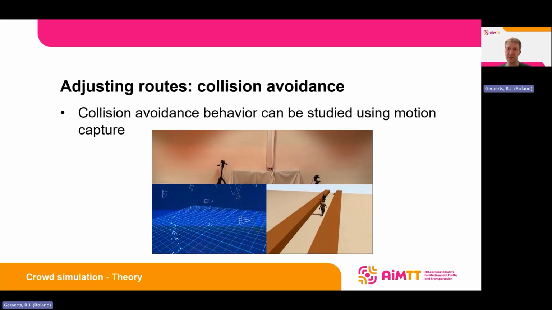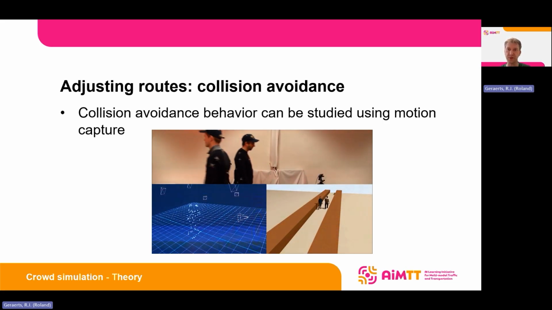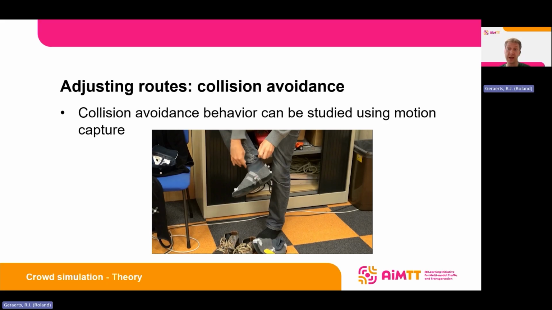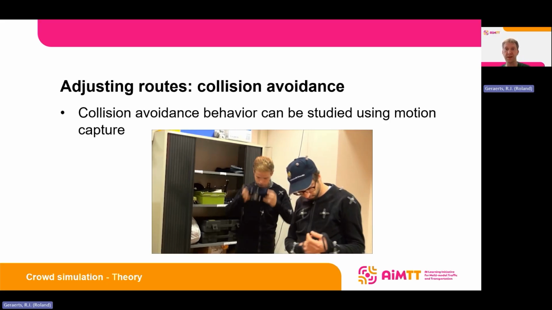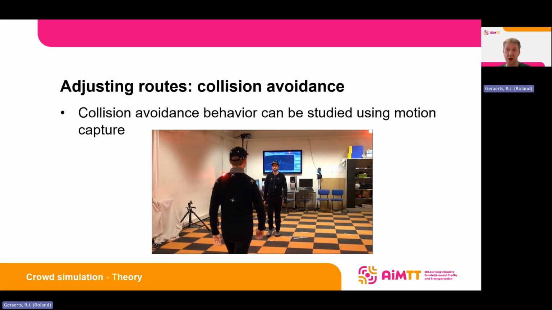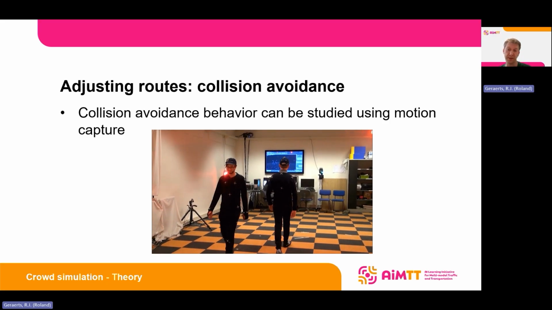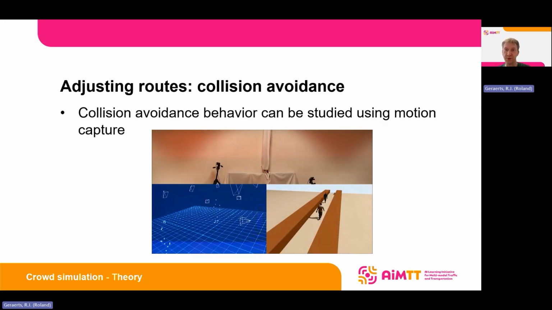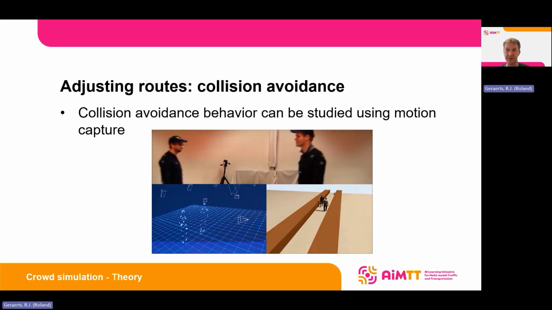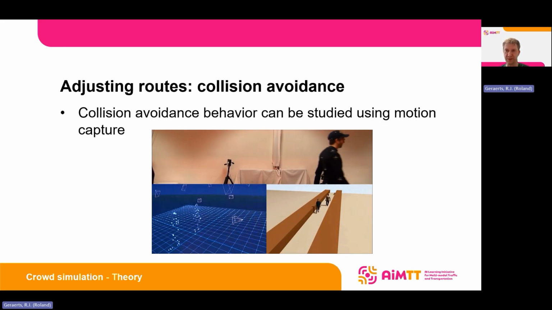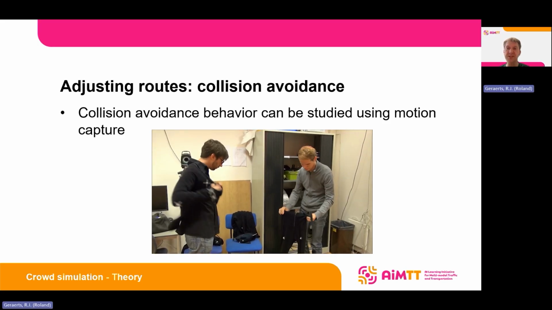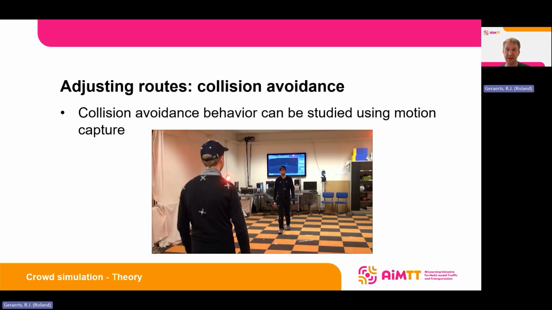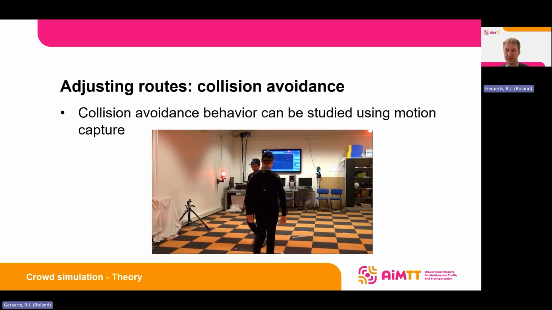Using this data, we can analyze how pedestrians avoid collisions in different situations. For example, we can measure how early people start changing direction, how much they slow down or speed up, how they react to approaching pedestrians, and how these behaviors may vary between individuals. The insights gained from these experiments are then used to improve crowd simulation models.